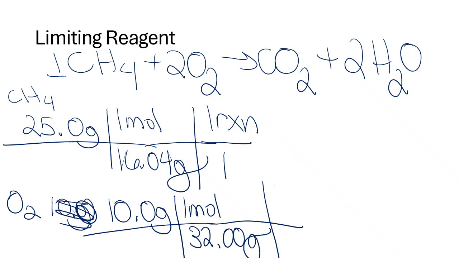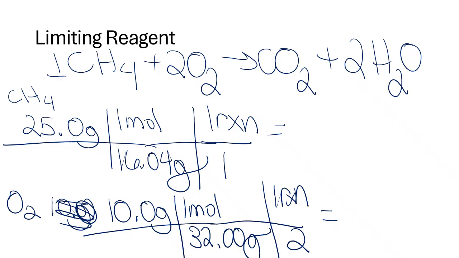And then one reaction uses 2 moles of oxygen. So you're converting from grams to moles to the number used up in a reaction, and you're determining what runs out first.